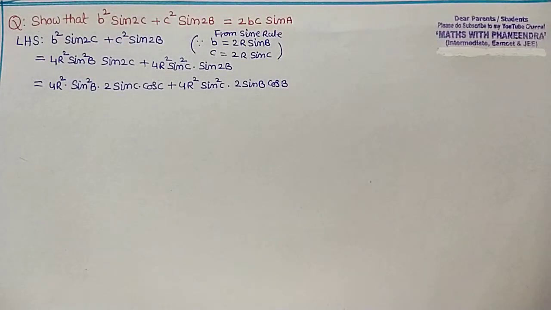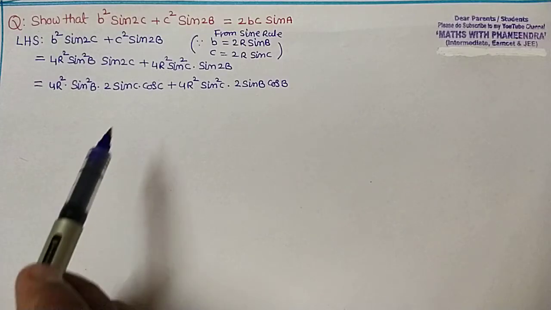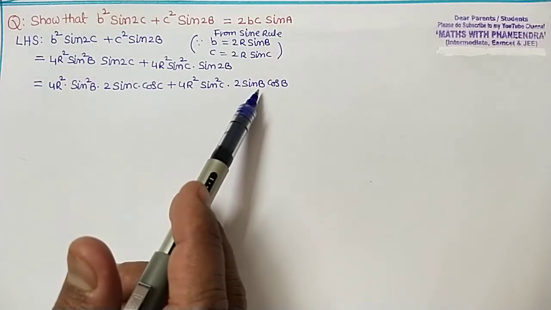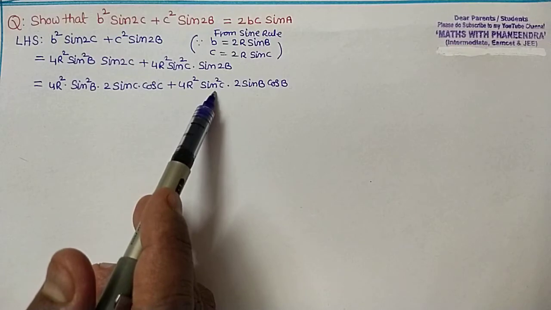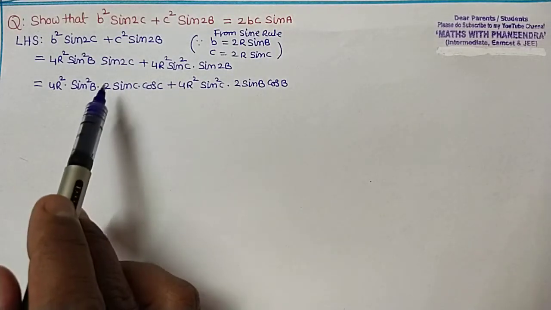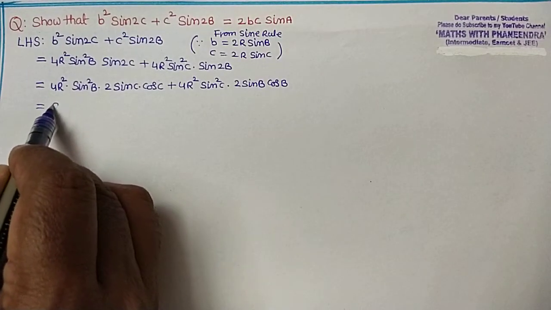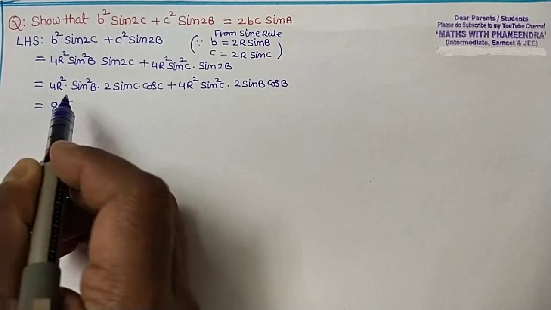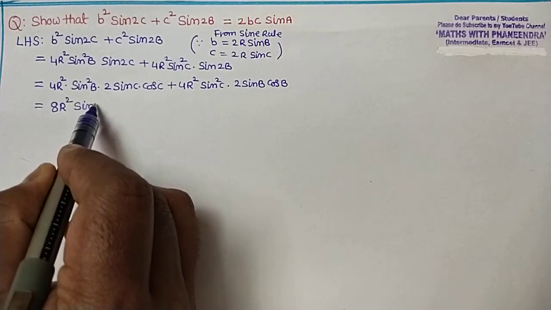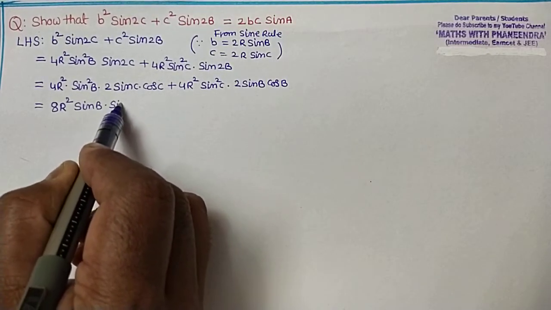Now, what are the common terms in both the terms? Observe that here sin B, here sin B, here sin C, here sin C. Here 2 into 4R square, 2 into 4R square, that means 8R square. So 8R square sin B into sin C, take common.